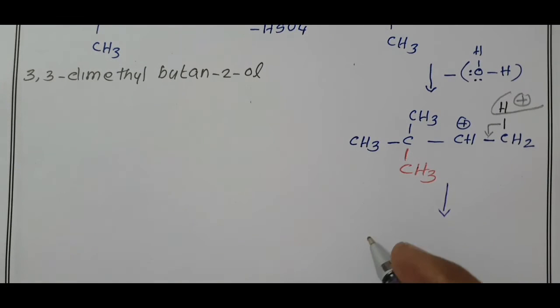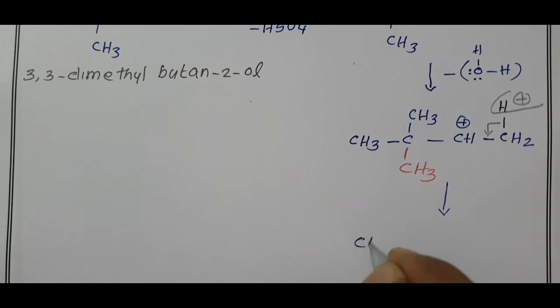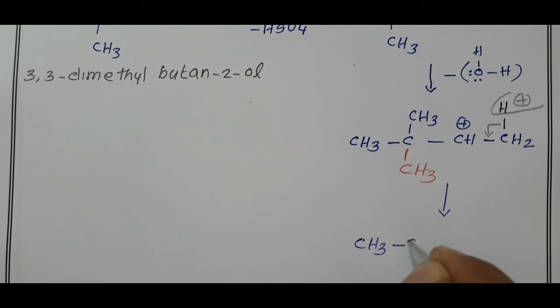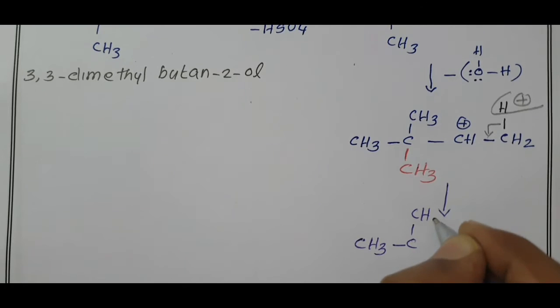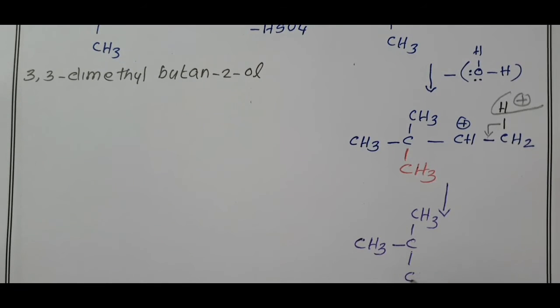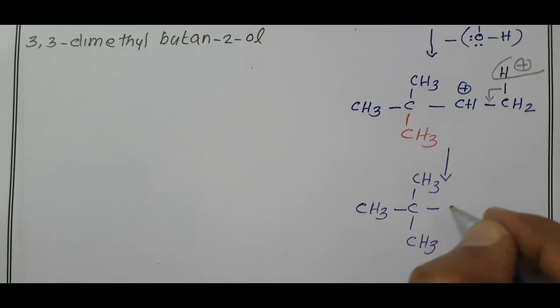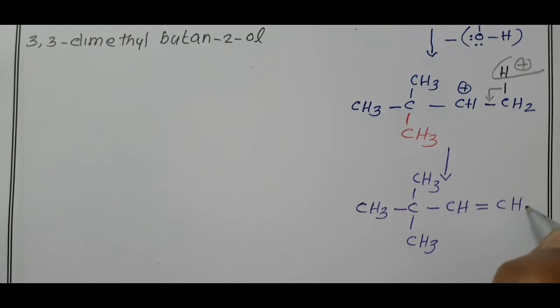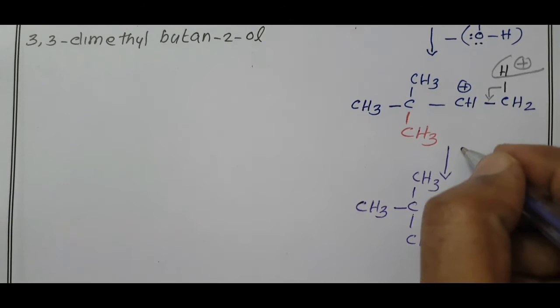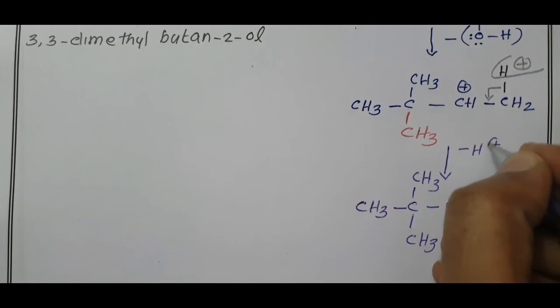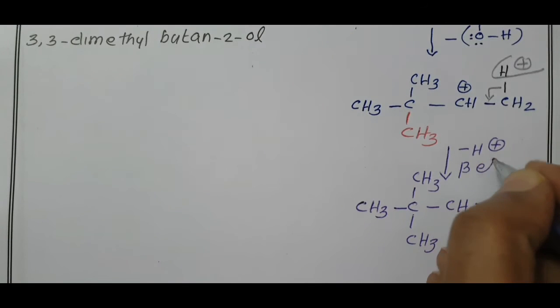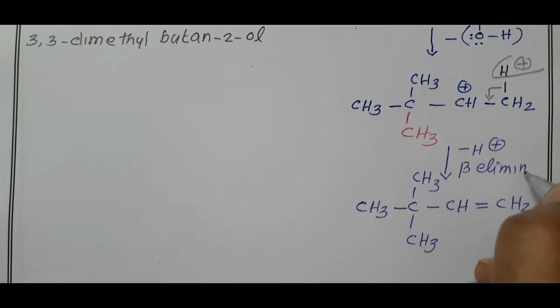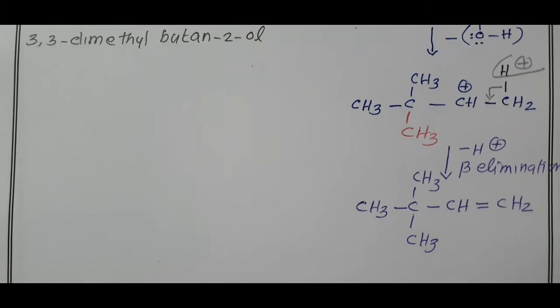Here CH3, single bond carbon CH3, here you have one methyl CH3, then single bond CH, and a double bond is formed, CH2. H plus is removed. That elimination of H plus is called beta elimination. From the beta carbon, one H plus is eliminated. That is called beta elimination.